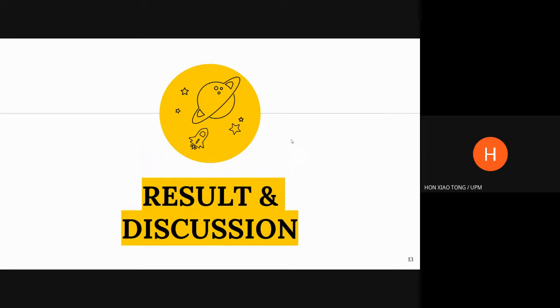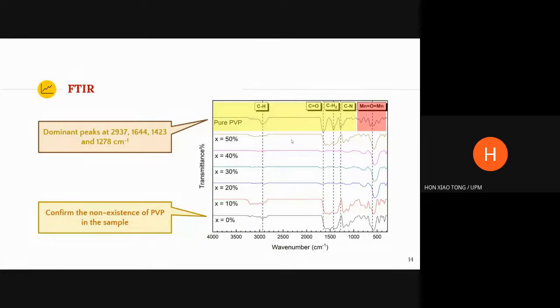And now let's move into more detail on the results and discussion part. So from the FTIR analysis, the dominant peaks of pure PEP were found at 2,937, 1,644, 1,423, and 1,278 of wave number, and each of them is assigned to a different type of bonding motion.